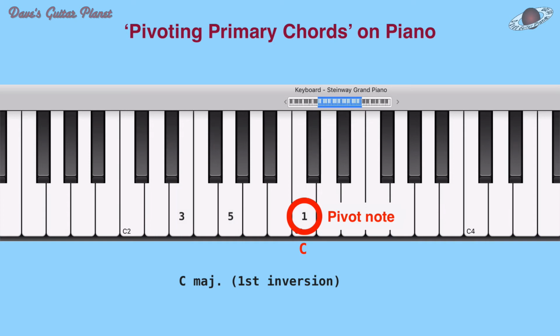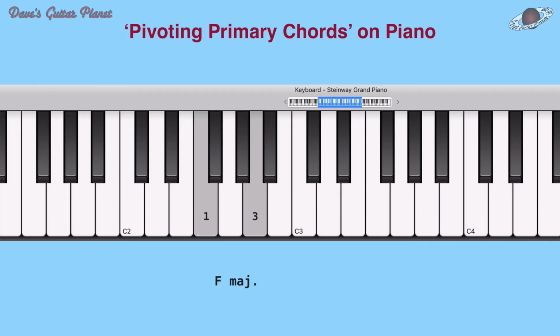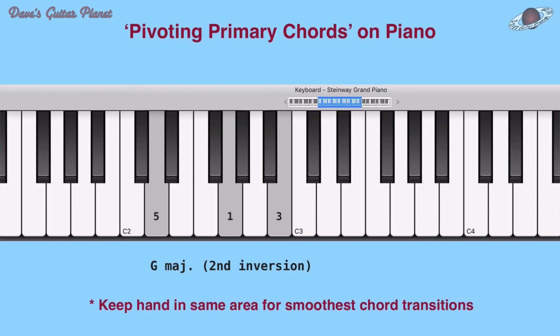C chord, F chord. These two voices move up, but this voice stays the same. And then we can use this G chord, keeping our hand in the same area. Similar to the guitar, you keep your hand in the same area and you end up with the nicer voice leading usually.